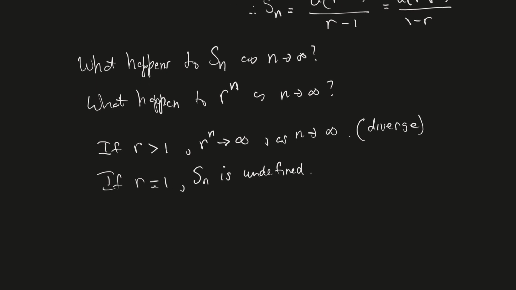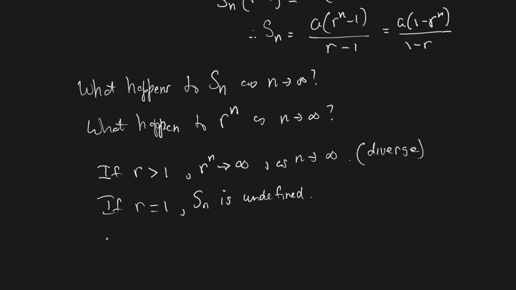Now, what I'm going to do is skip down and go to negative 1 and see what happens, right? So if r is equal to negative 1, what would happen to negative 1 to the n as n gets really, really large? Well, if you have negative 1 and you raise it to any integer power, then it's either going to be plus 1 or minus 1.